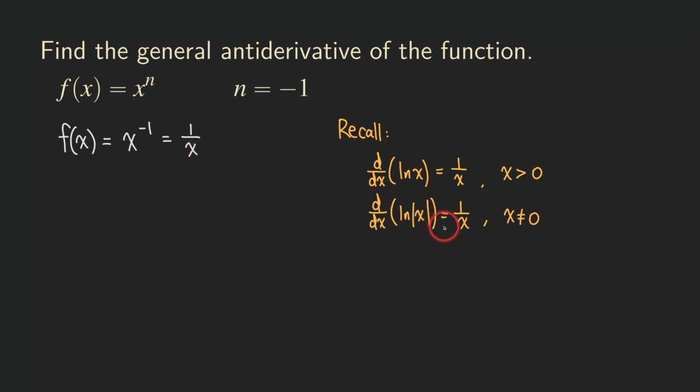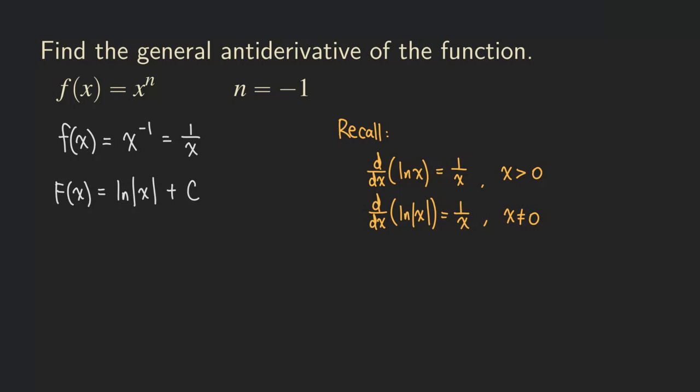So to find an antiderivative with the same domain, we should be picking ln of absolute value of x. So our antiderivative for 1 over x would be the natural log of absolute value of x, and then plus the constant. Okay, so that's how we can get that.